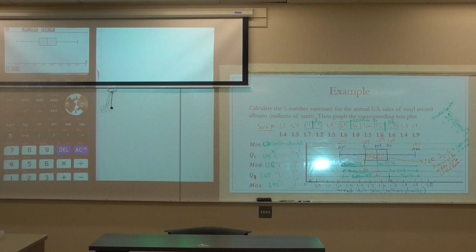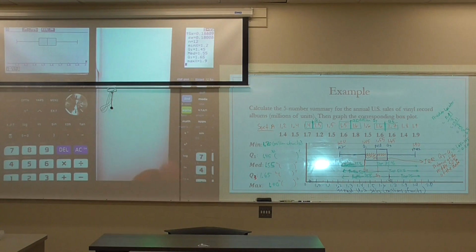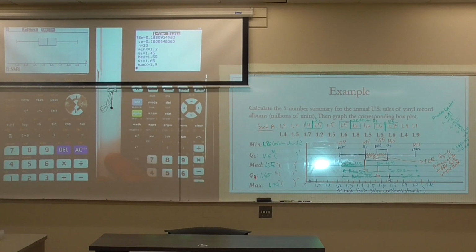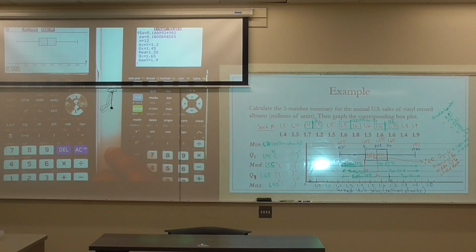And lastly, the wonderful TI-84, which most of you guys have. So, come over here.